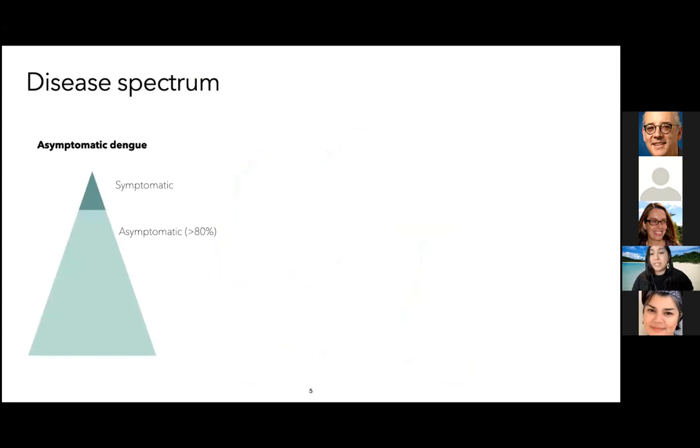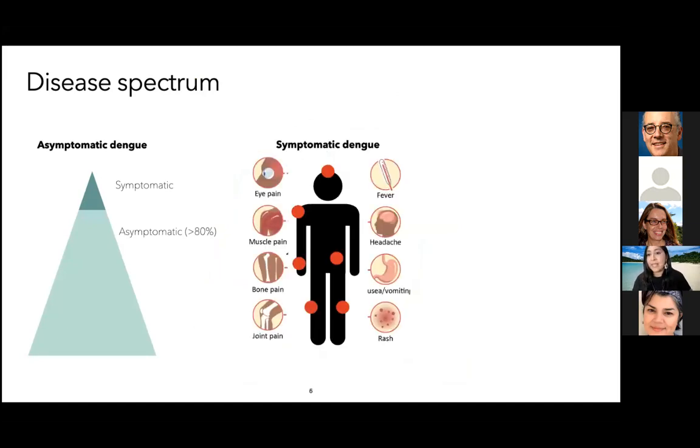In terms of the disease spectrum of dengue, a substantial proportion of infections are asymptomatic, anywhere from 80% or higher can be an asymptomatic infection. And a smaller proportion of individuals do experience symptomatic dengue. And that's typically comprised of a range of symptoms going from fever, headache and rash, or joint and bone pain.